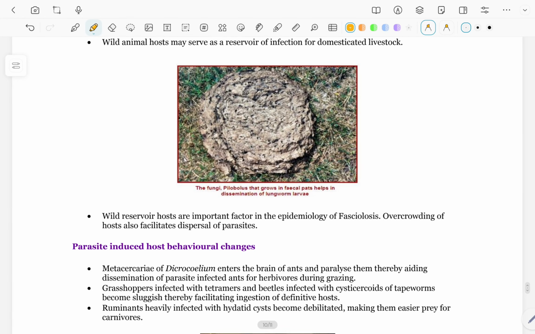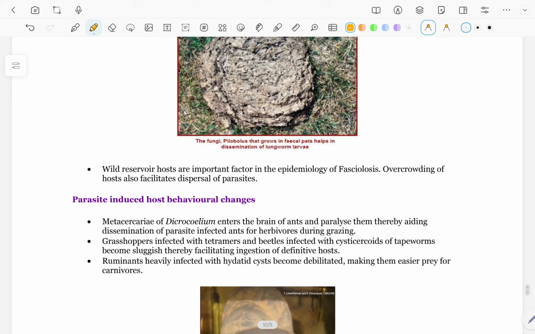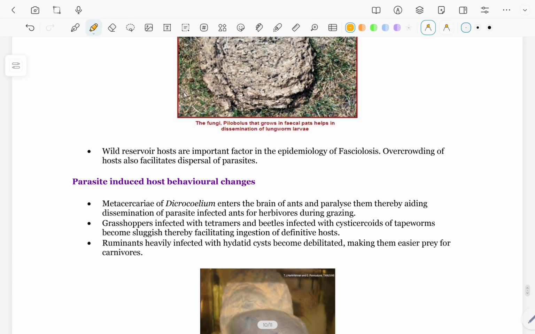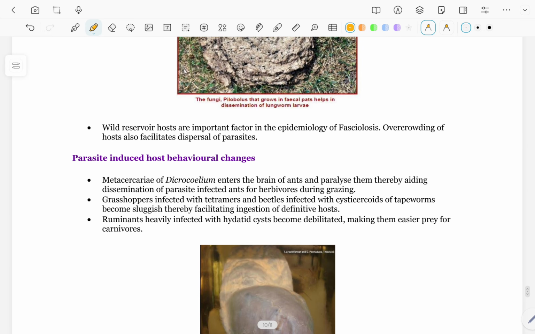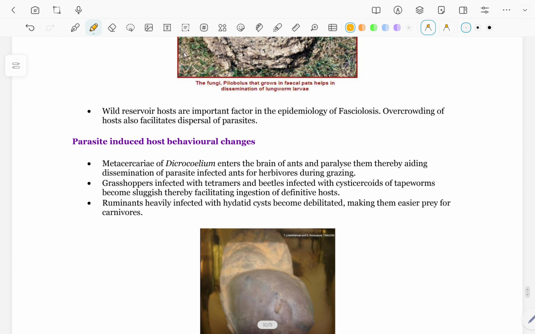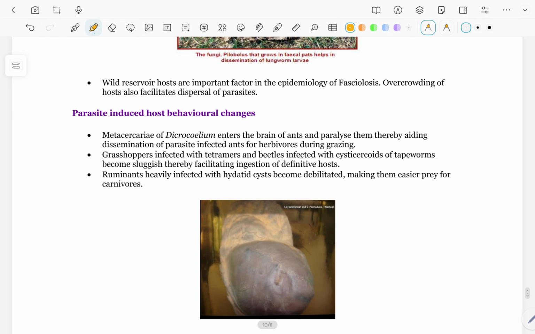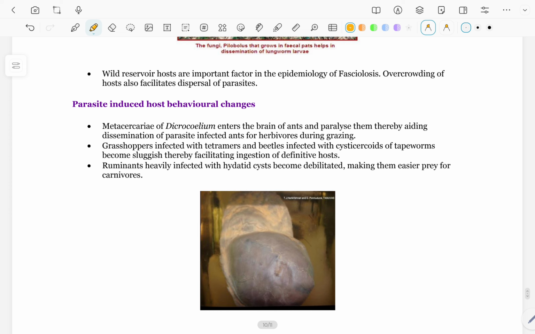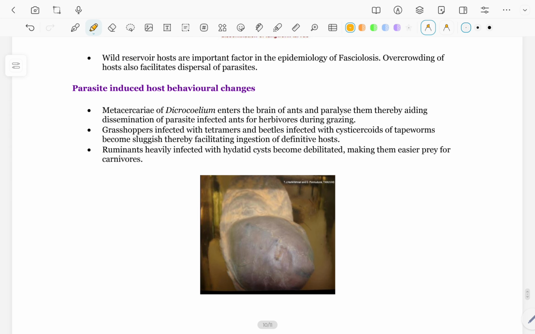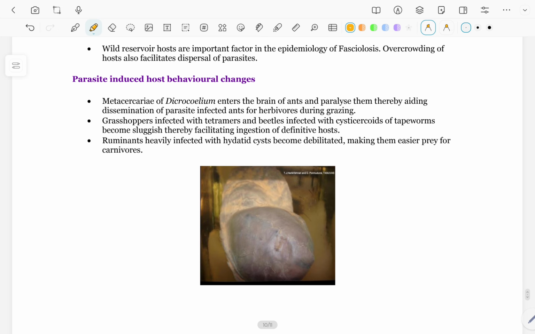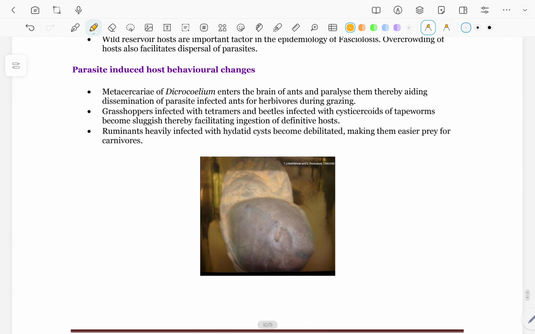Wild reservoir hosts are an important factor in the epidemiology of fasciolosis. Overcrowding of hosts also facilitates dispersal of parasites. Parasite-induced host behavioral changes: Metacercariae of Dicrocoelium enter the brain of ants and paralyze them, thereby aiding dissemination of parasite-infected ants to herbivores during grazing.